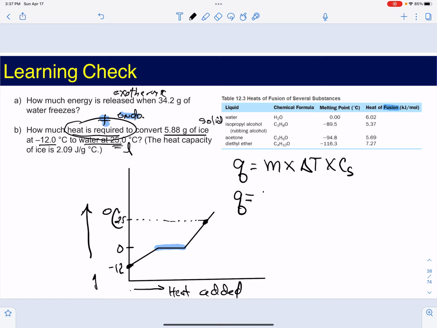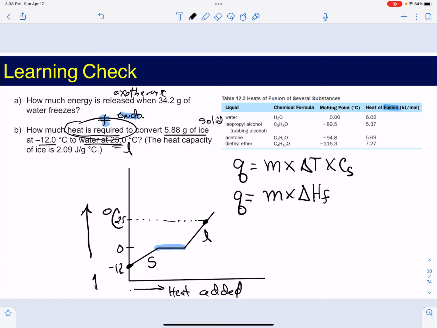And that's given by the mass or the moles times the heat of vaporization or the heat of fusion. So which one do we need here? We're going from solid to liquid. So that's going to be fusion, not vaporization. So we're going to use fusion.